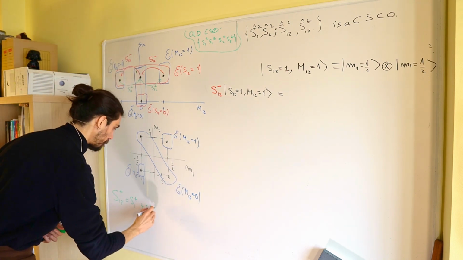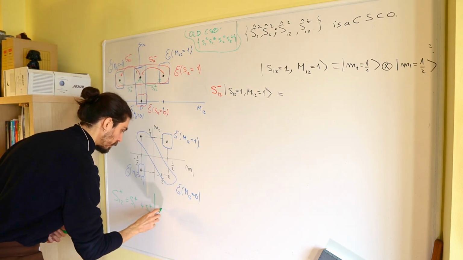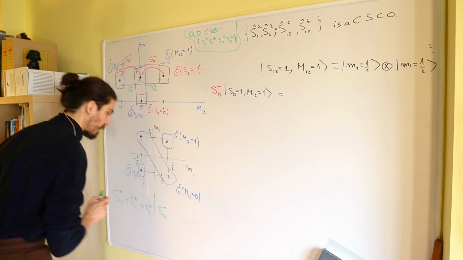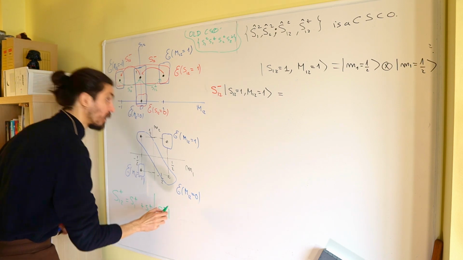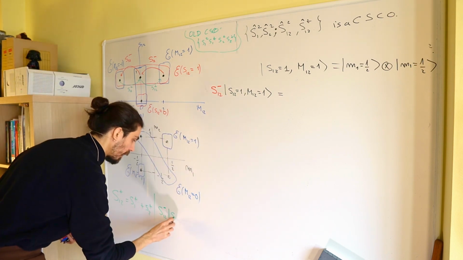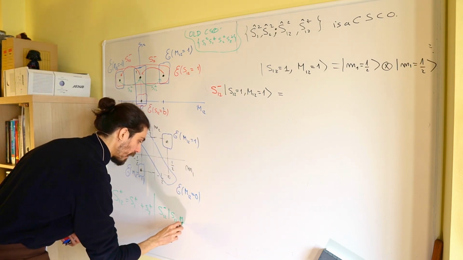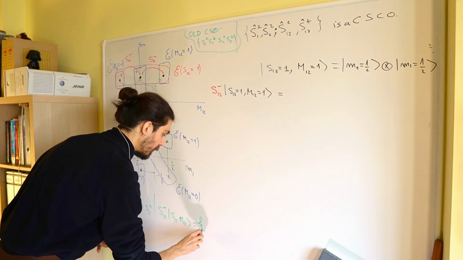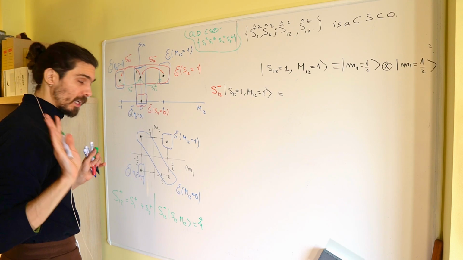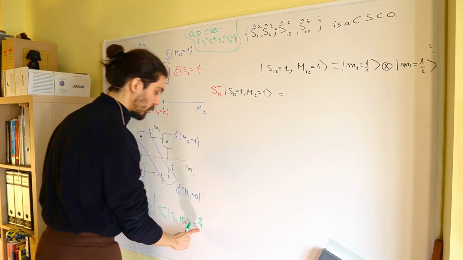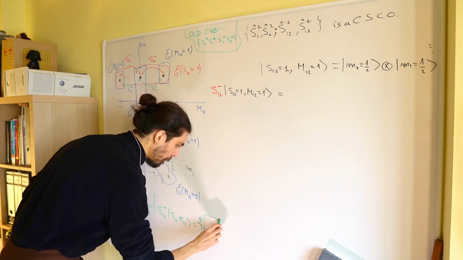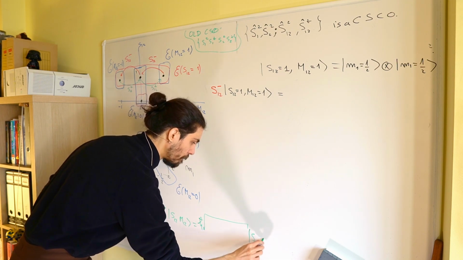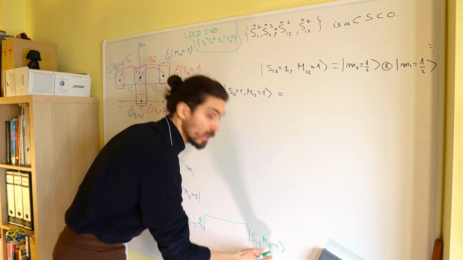So S12 minus, acting on s12, m12, gives, by definition, as we addressed last lecture, h bar, a complicated square root, and then s12, m12 minus 1.